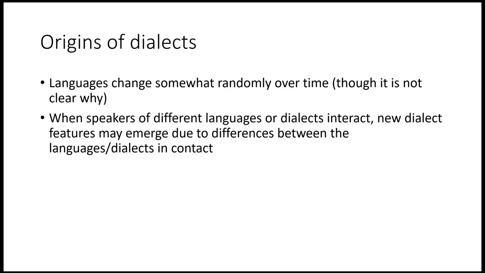It's certainly the case that when speakers of different languages or of different dialects interact with one another, we can have new dialect features emerge by the contact between those different languages or those different dialects as people sort of negotiate a mutual communication system. They may settle, for example, on some pronunciations of words that are different from what they used to be.